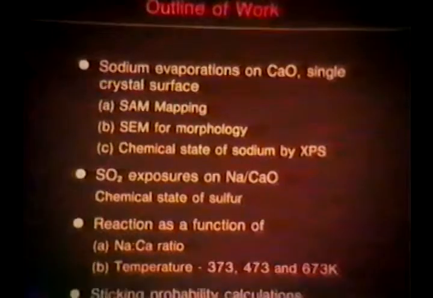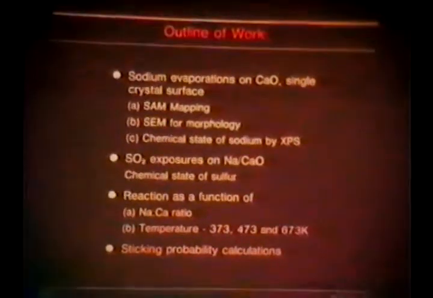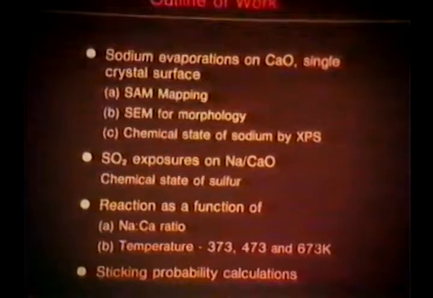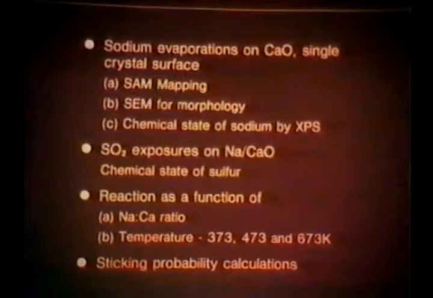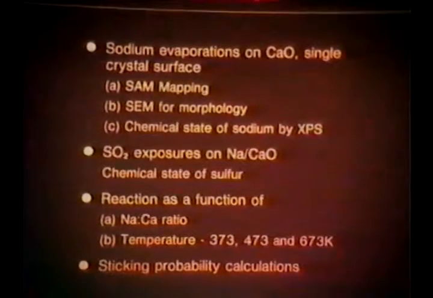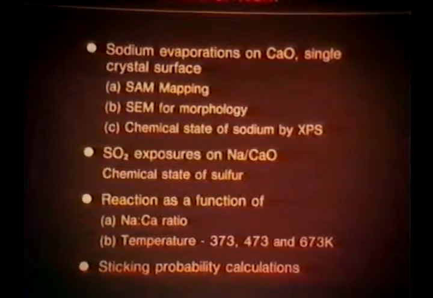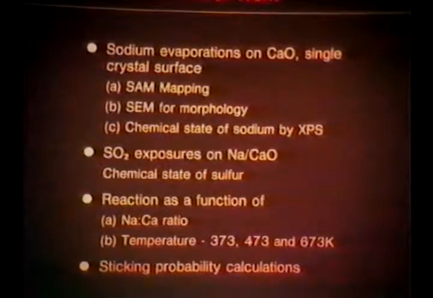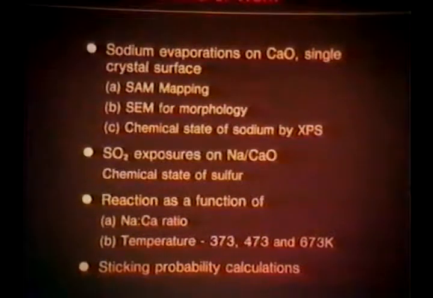The outline of the work that I will be presenting here is first the sodium evaporations on single crystal calcium oxide, then scanning Auger mapping analysis to see how the sodium is distributed on the surface, then scanning electron microscopy to see the changes in surface morphology, then finally to identify the chemical state of sodium by X-ray photoelectron spectroscopy.